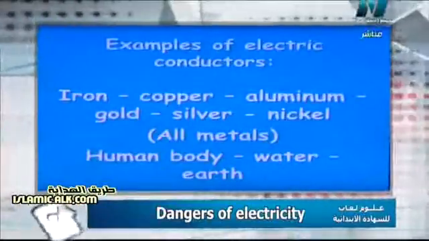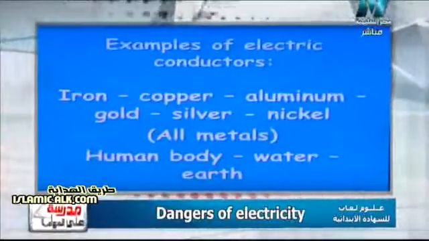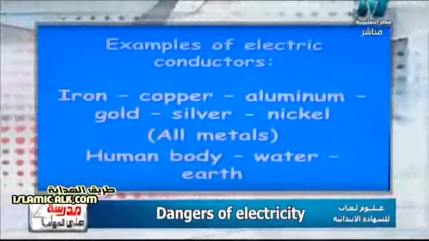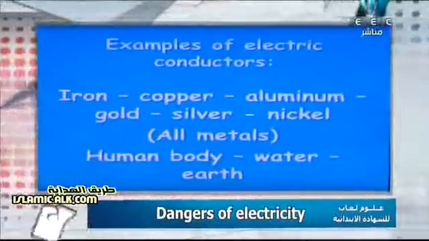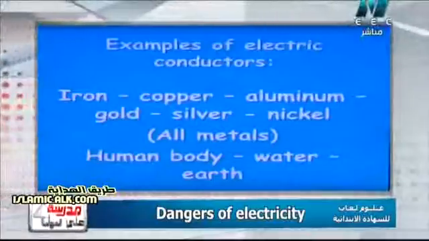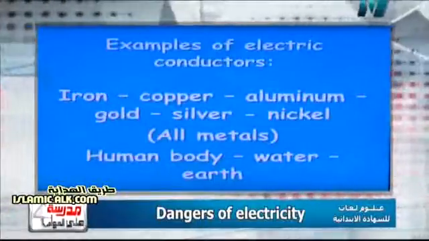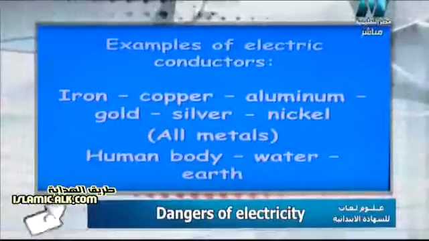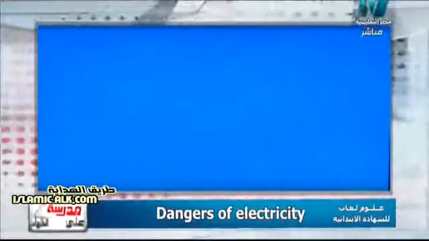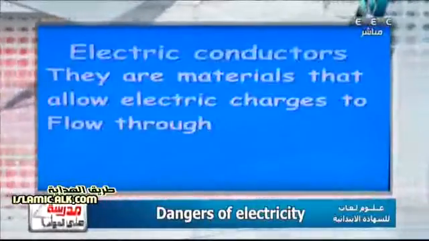So we have many examples of electric conductors: iron, copper, aluminum, gold, silver, nickel, all metals, the human body, water, and earth.